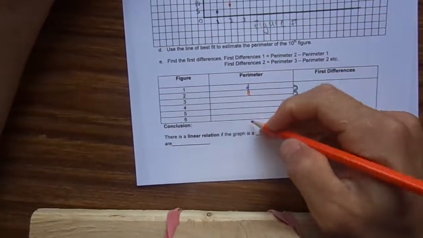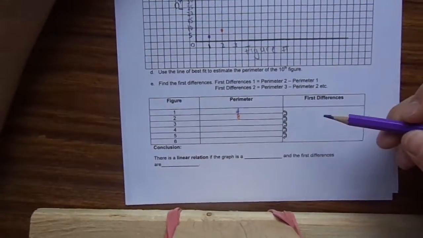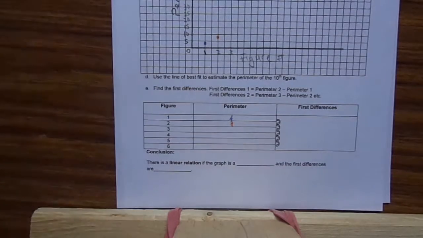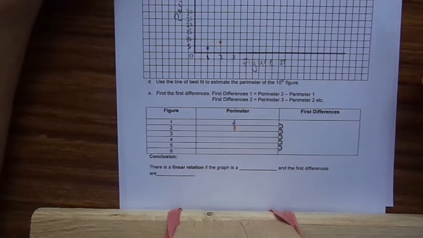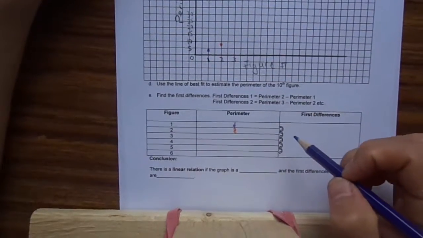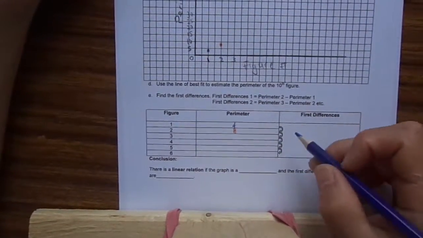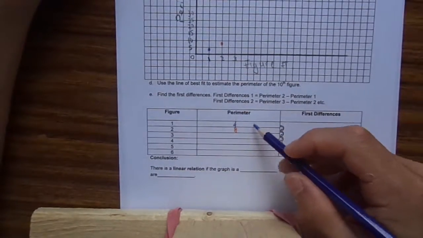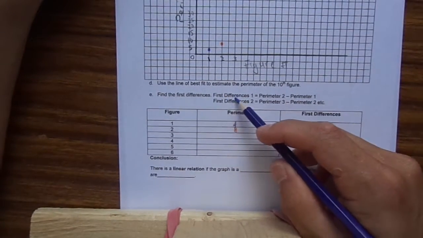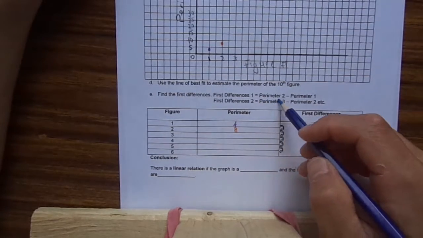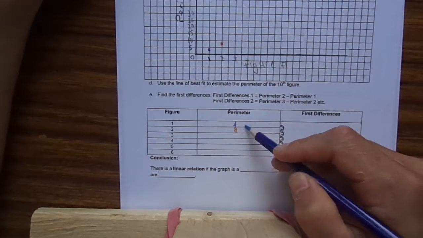Now, as you fill these out, we're going to take a look here at finding something called the first difference. If you went through the lesson, you should know what that means. It's the difference between these values. I gave you an example here.